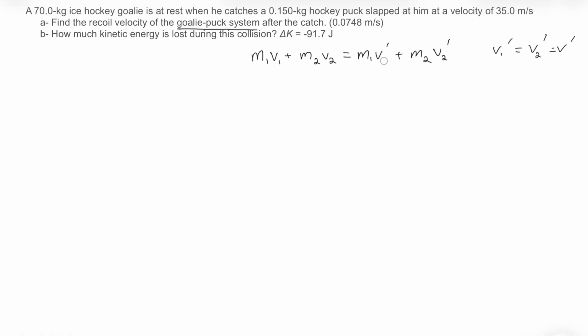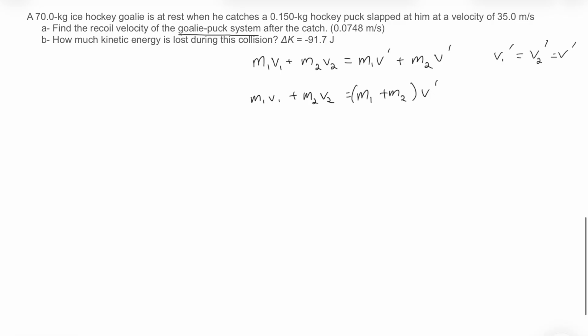So I'm going to get rid of v1 and v2 from our final velocities, and we can rewrite that as m1 plus m2, factoring out the final velocity for that goalie-puck system. That's still going to equal m1v1 plus m2v2. That equals the combined mass of our hockey player plus the hockey puck times the final velocity of the two of them moving together. Great.